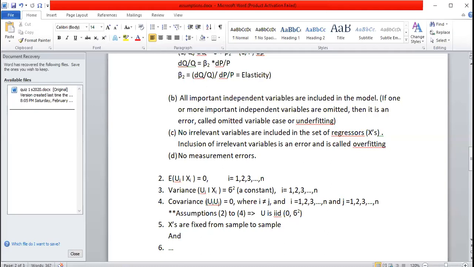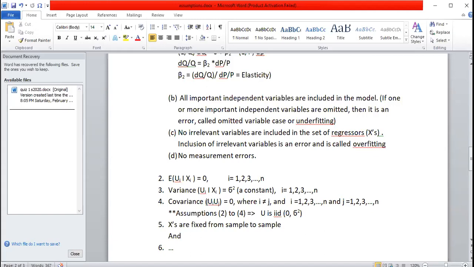And then they say any two U distributions are not related. Their covariance is 0. Then that's called an IID.